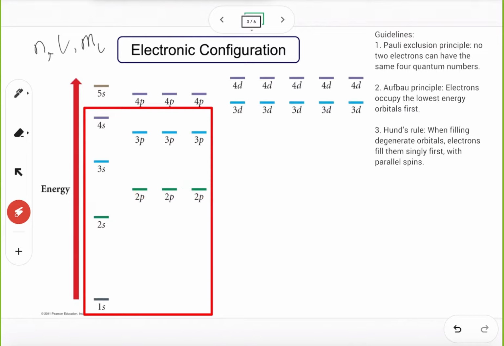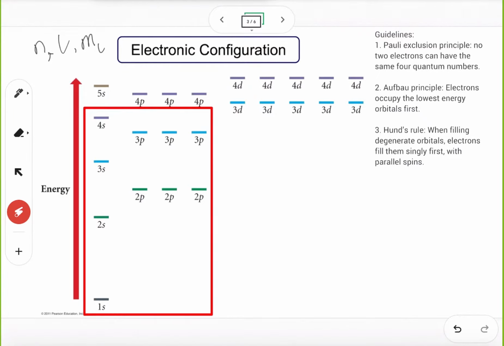In that chapter and in that video, we used boxes to represent each atomic orbital. Here, in order to make things simpler, we use lines to represent atomic orbitals. Each line is sort of like the box we had before. Each line represents one atomic orbital.